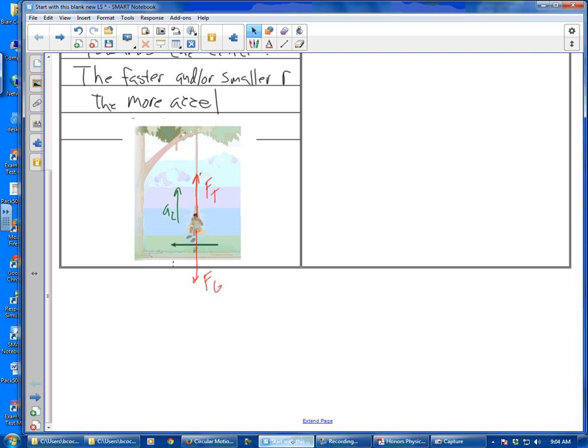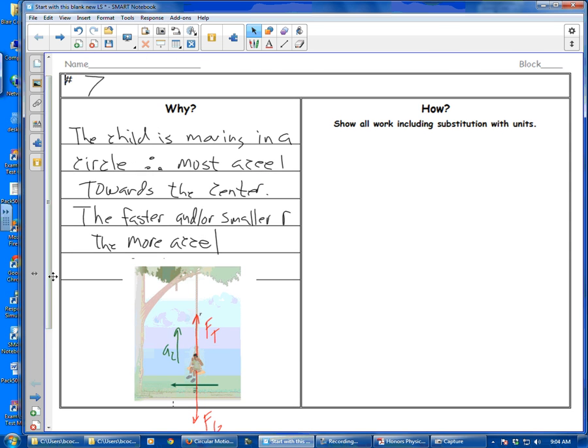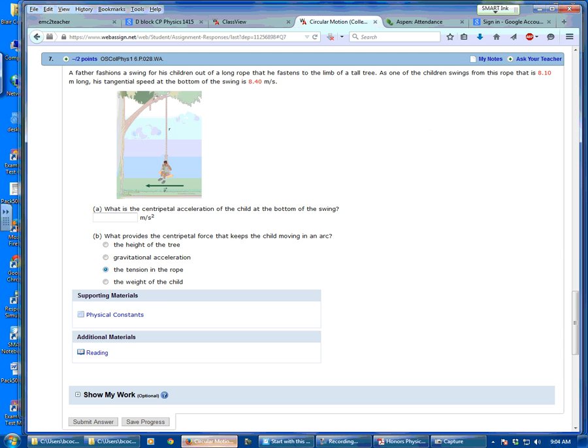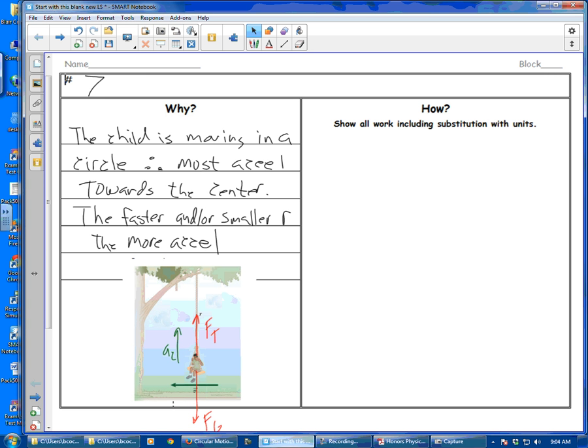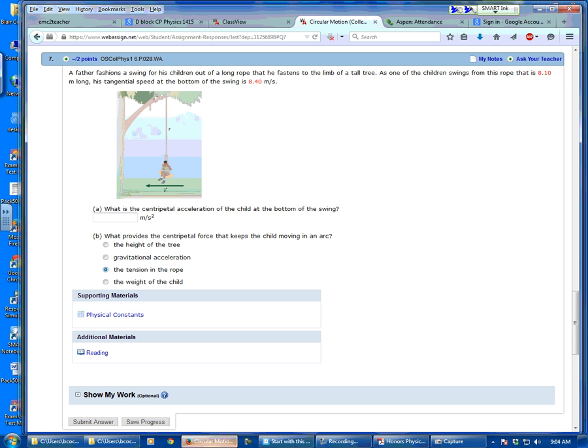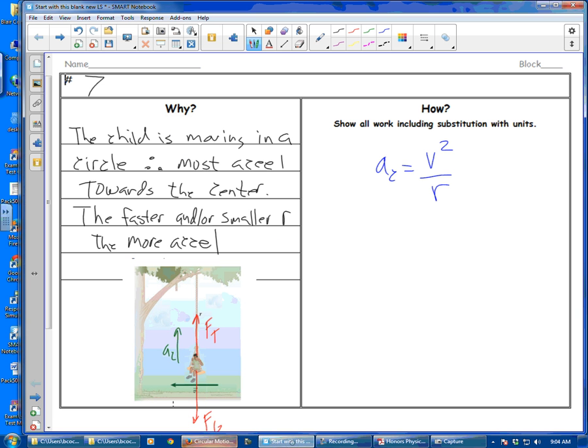All right. So now we need to do part A, which is what's the centripetal acceleration of the child. So start off with our physics equation, v squared over r, and we're given v, and we're given r, I believe. We're told the r is 8.1 meters, and the speed at the bottom is 8.4 meters per second.